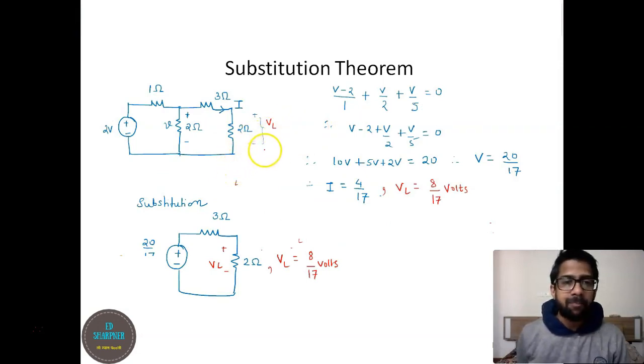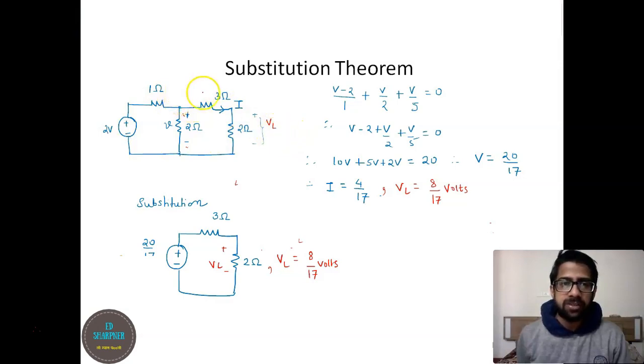Now consider, our aim is to find the current I and the voltage across this. Using this particular network itself, we will find these values.